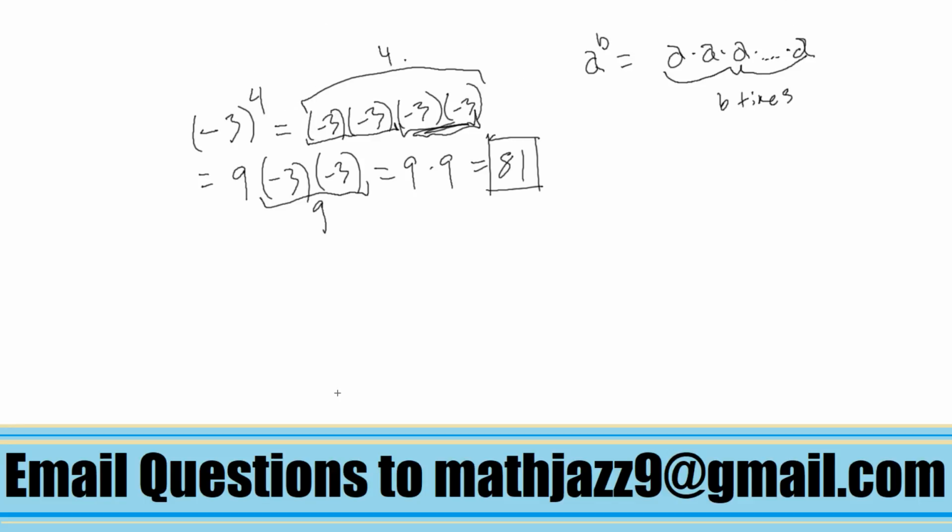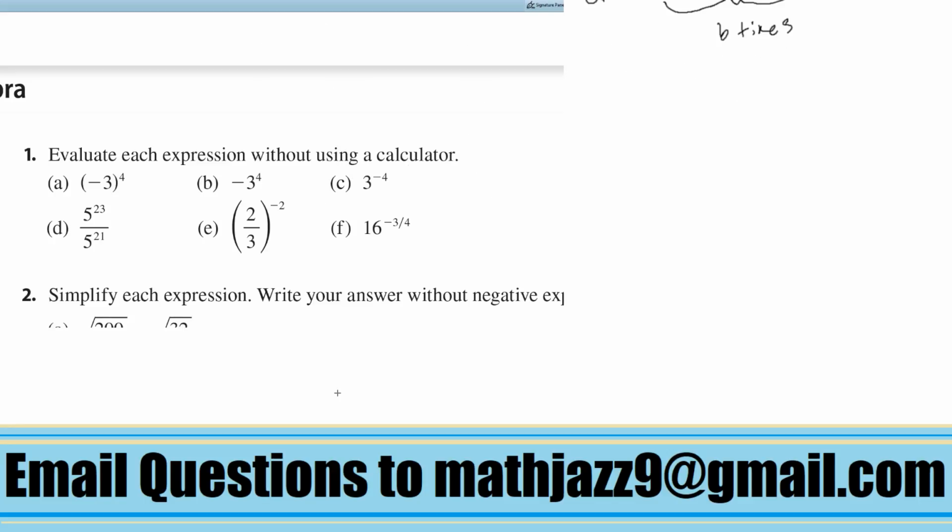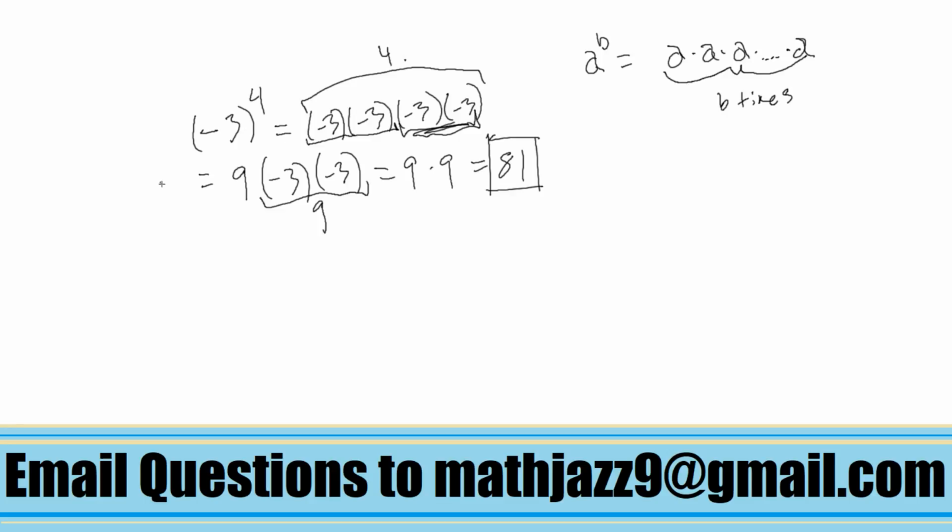Let's look at our next problem. We have -3 to the 4th. This is illustrating some aspects of the notation that we need to make sure that we get right. In the first problem, the -3 was inside parentheses, and those parentheses were raised to the 4th power, so everything inside the parentheses was raised to the 4th power.